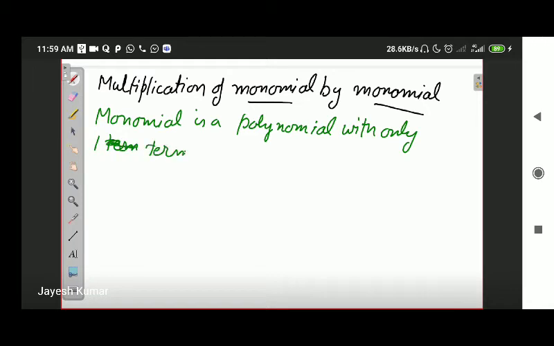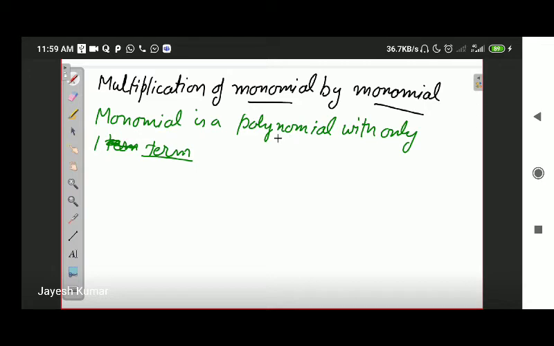It means for us that the polynomial given to us will not have any plus or minus sign. That is what monomial means, and we will multiply a monomial with another monomial.